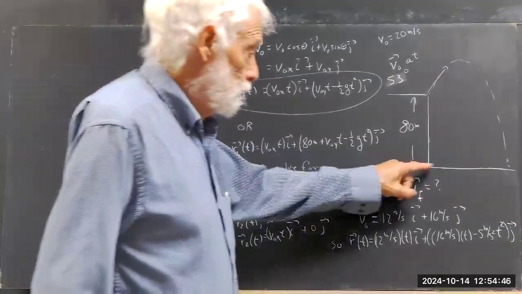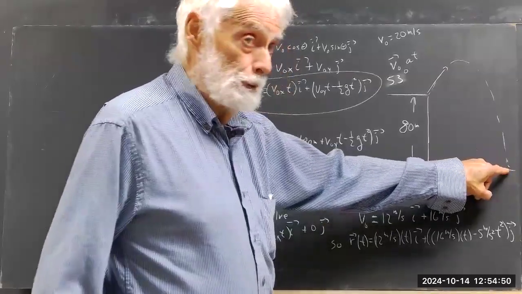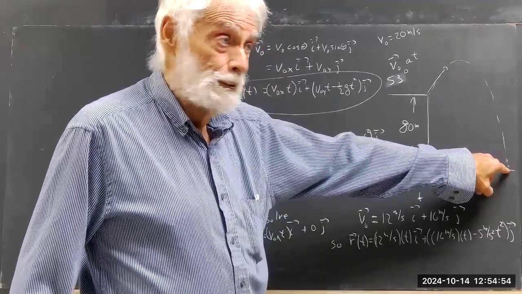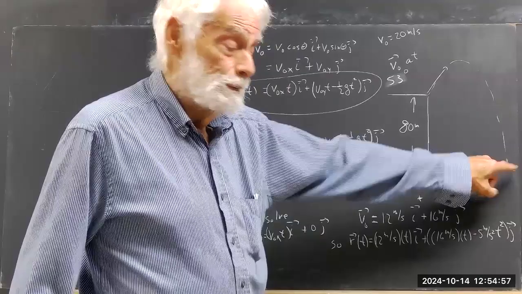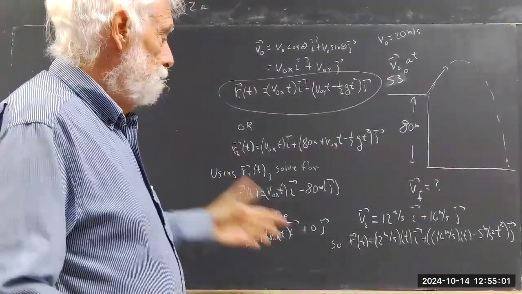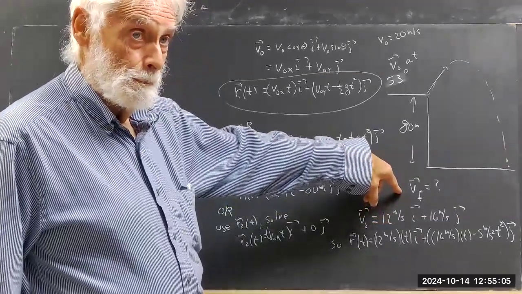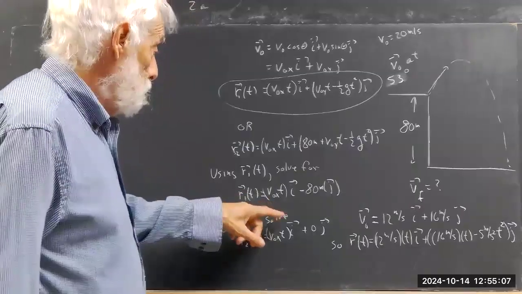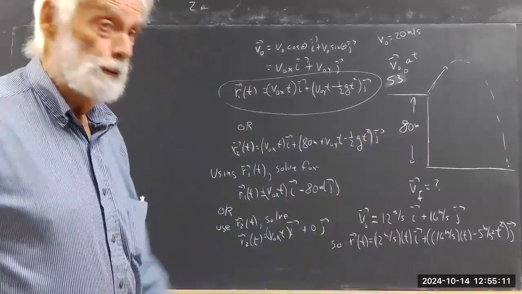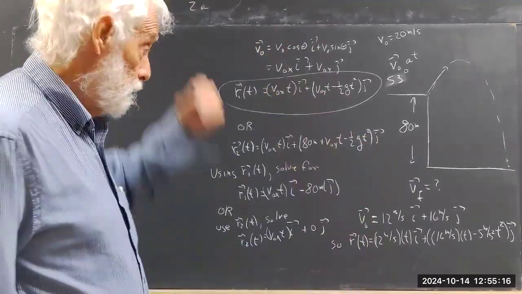So when your y position is 0, that's going to put you down here, and that's going to be the time when you calculate the final velocity. Okay. So this is going to give you an equation. Simple equation, set this equal to 0. That's when the thing hits. That's when you're going to get your final velocity.